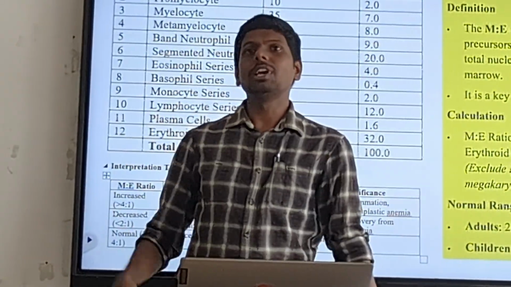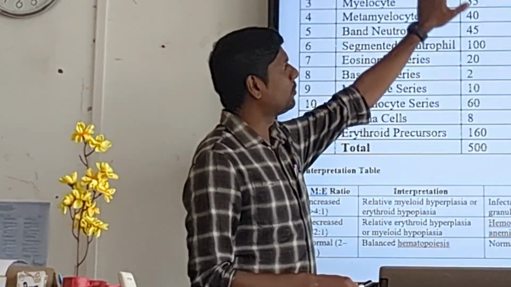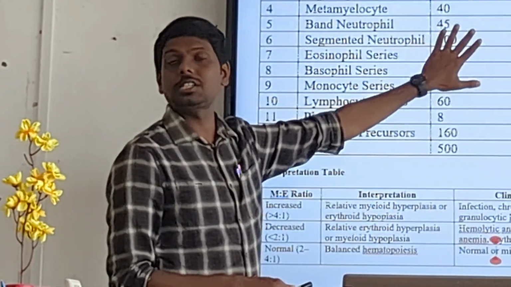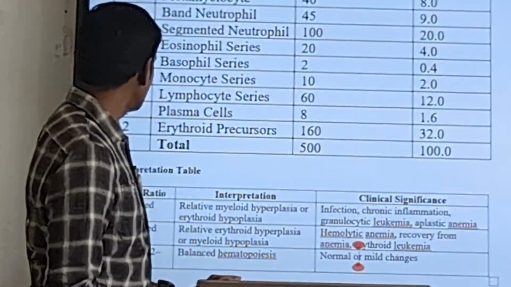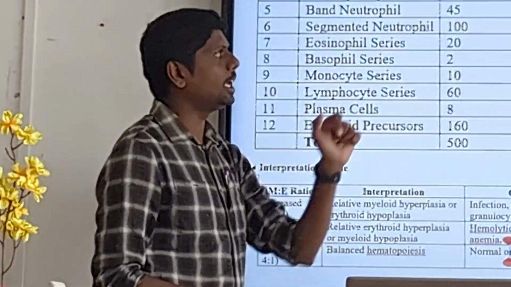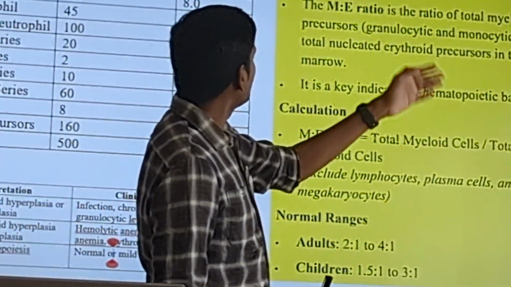Anyway, a quick review of yesterday's lecture. We have seen the normal differential count of blood stem cells, and the percentages. Then we also saw the interpretation of the ME ratio, right? Keep in mind, ME ratio is myeloid to erythroid.